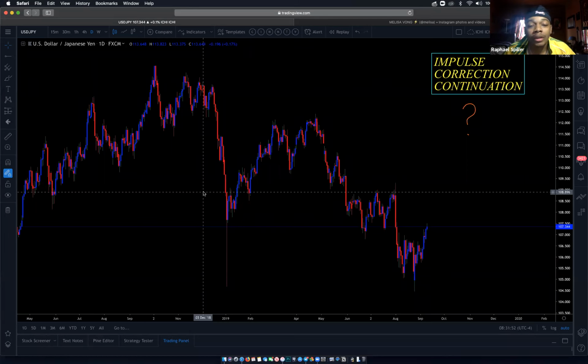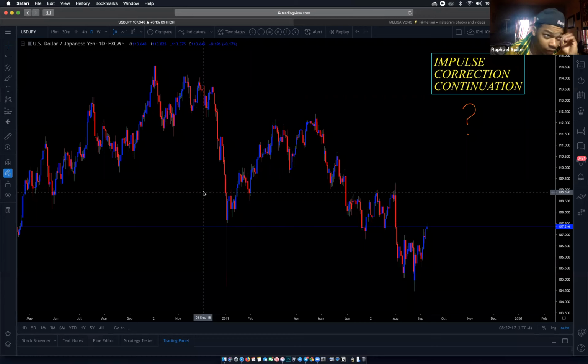Somebody tell me what an impulse is in the chat. What is an impulse? Impulse is when there are huge candles that happen in the market, or a huge sudden movement in the market.